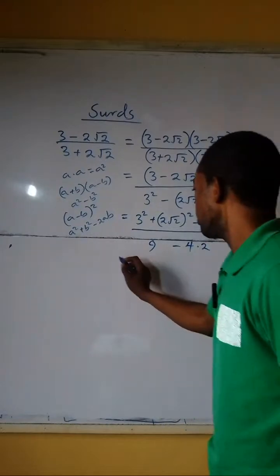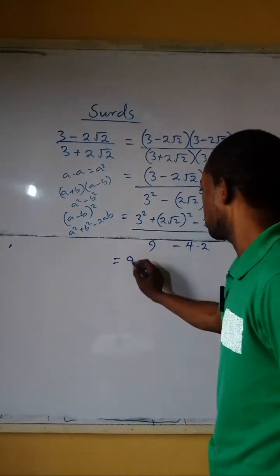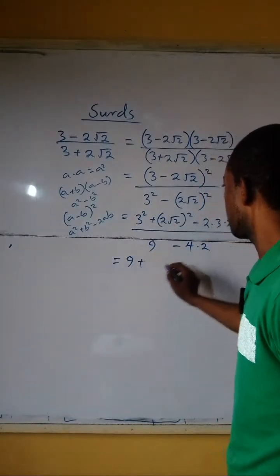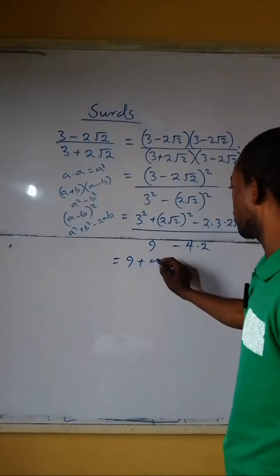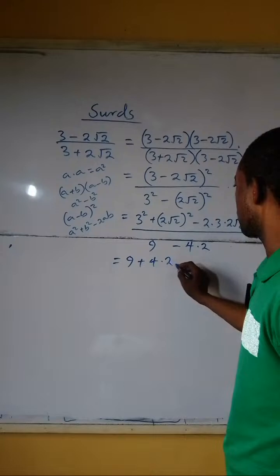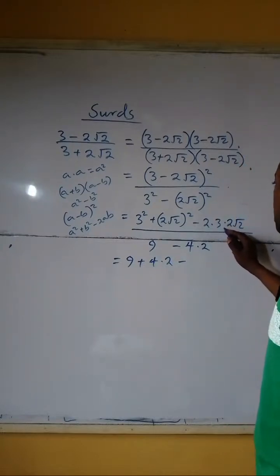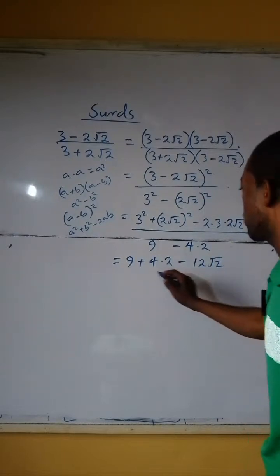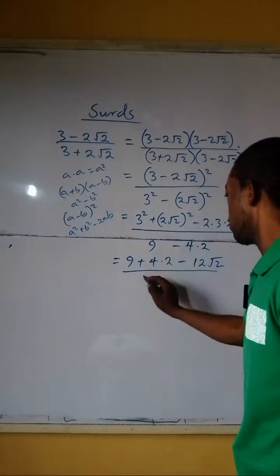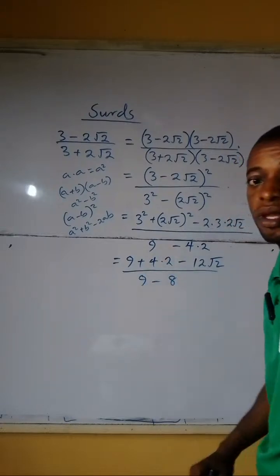Then, from what we have now, 3 squared, that's 9, then plus, also the square here affects 2 and root 2. So 2 squared, that's 4, times root 2 squared, that's 2. Then minus, we have 2 times 3, 6 times 2, that's 12 root 2 here, which is divided by, here we have 9 minus 4 times 2, that's 8.